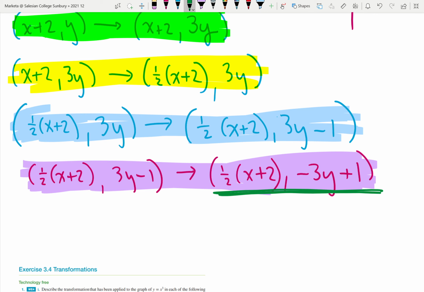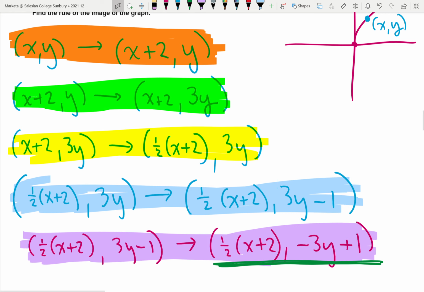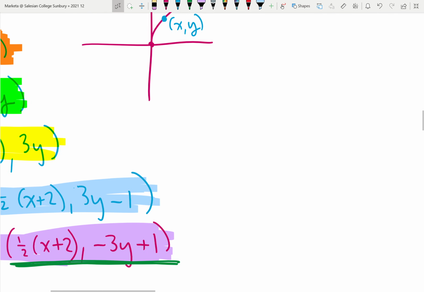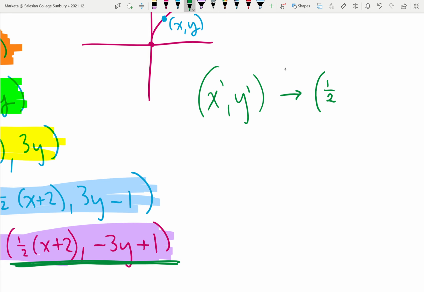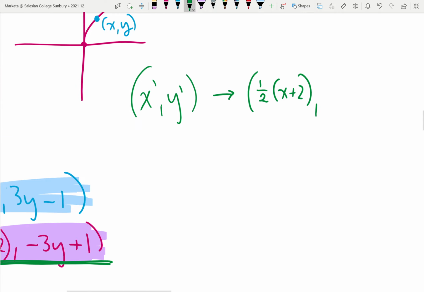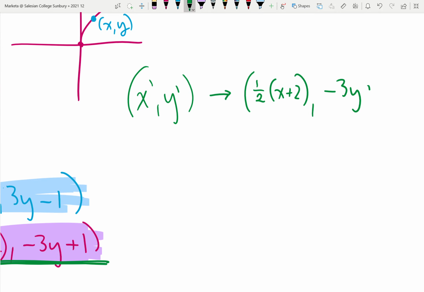Now, what we can say is that this is the image point. So we can say x image, y image. This is the new point that we've made from doing all the transformations, and that new point is given by half (x plus 2), comma negative 3y plus 1.